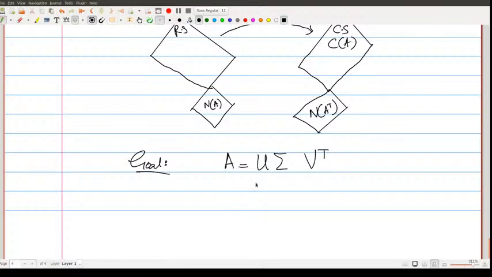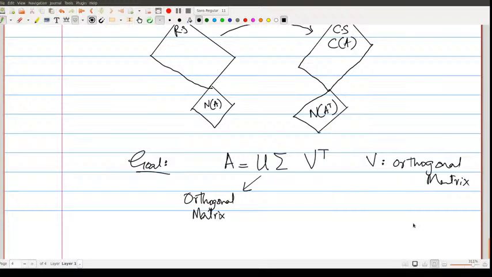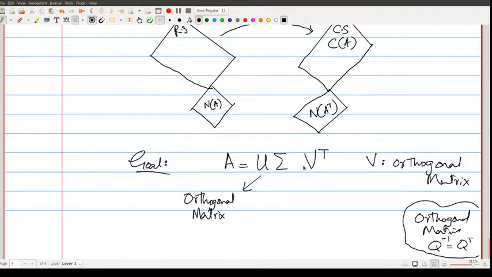U is an orthogonal matrix, and V is an orthogonal matrix. If you remember, orthogonal matrices have the nice property that Q inverse is the same as Q transpose. So V transpose is just the inverse of V.